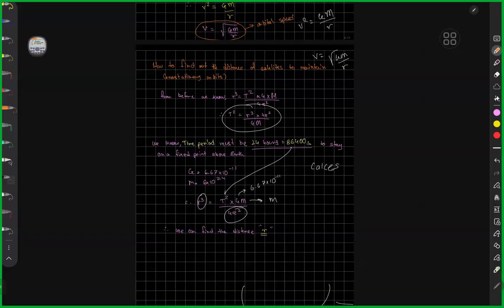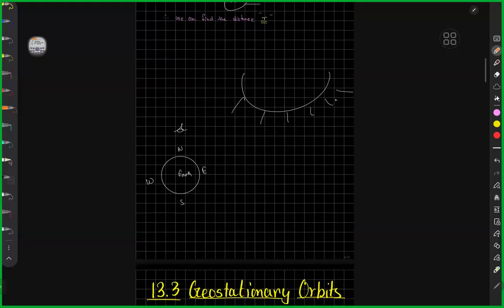Now, in case of polar orbit, since it's not a geostationary orbit, we don't need a 24-hour time period. Since the time period is that big, the satellite needs to be really up in the sky. Now, if I can reduce the time period, I can have the satellite close to me at lower altitude. That is essentially what happens.